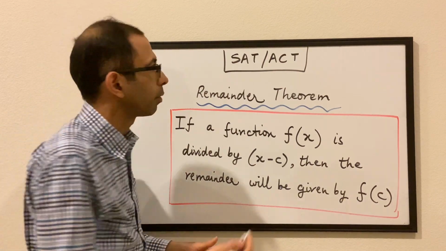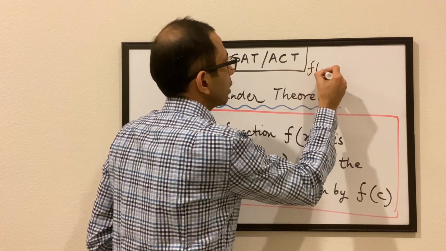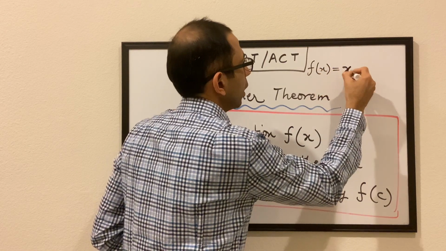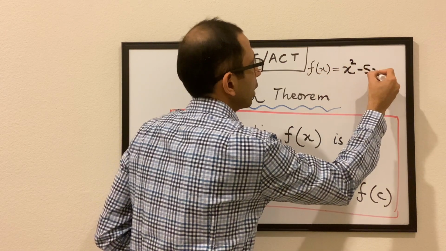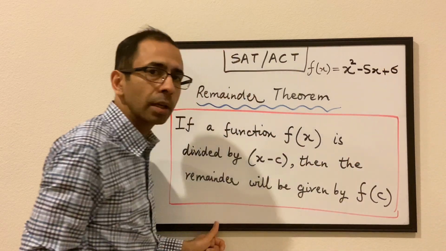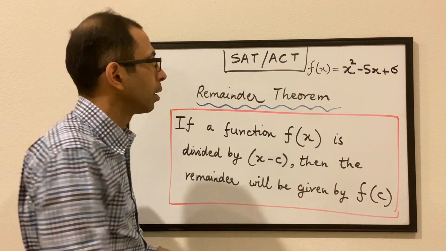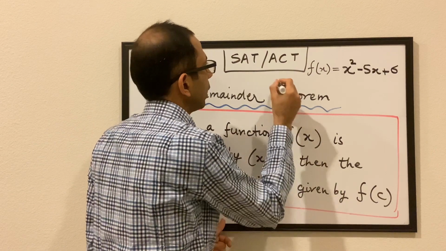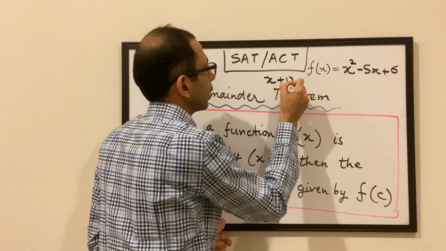Let's say that we have a function f(x) equal to x squared minus 5x plus 6, and we want to find the remainder when this function is divided by, let's say, x plus 1.